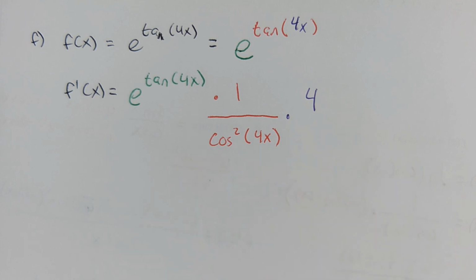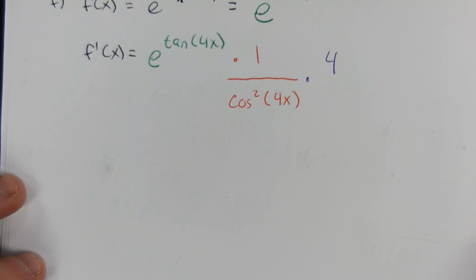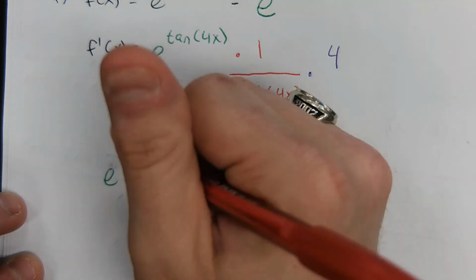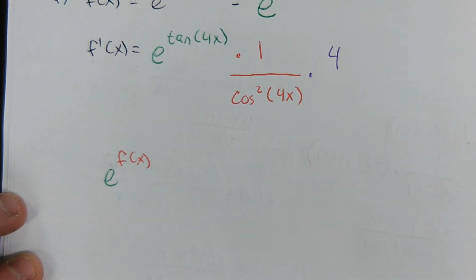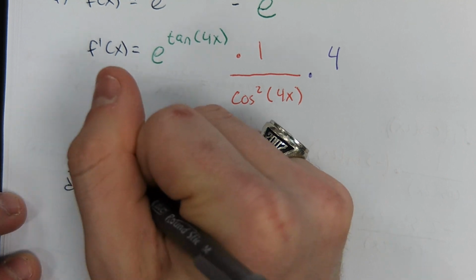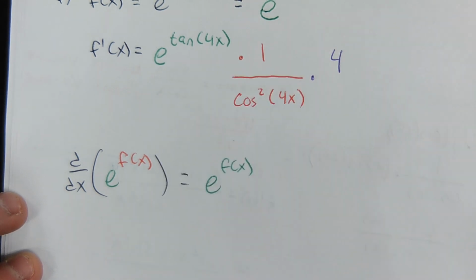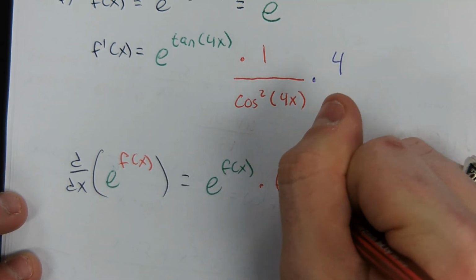Alberto, you were about to ask a question about why they're on top and not on bottom? No, so the derivative of any E thing, I'm going to write it down here, and I'll even do it in the same colors. E to the f of x, if you try to take the derivative of that, what you get is e to the fx times f prime of x.